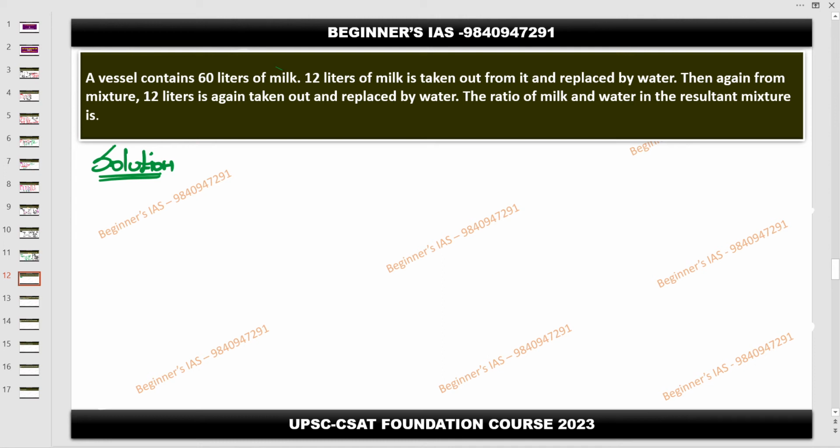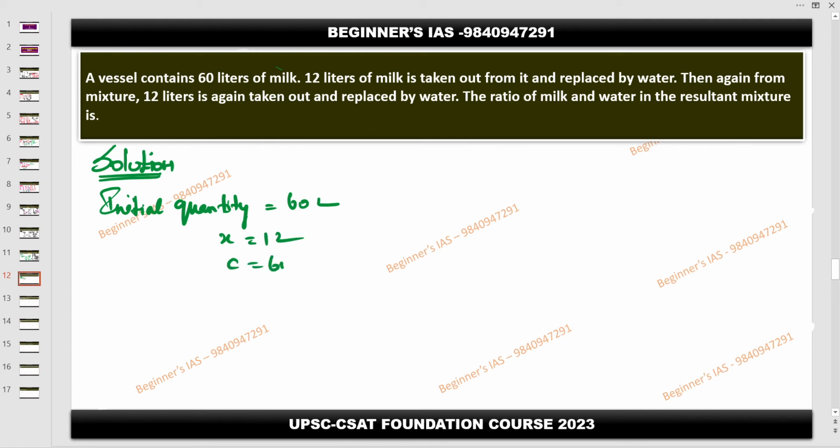First of all, what is the initial quantity? Take the data quickly and solve this kind of problem by using the models. The initial quantity is 60 liters. Then how much are you taking? 12 liters, so x is equal to 12.